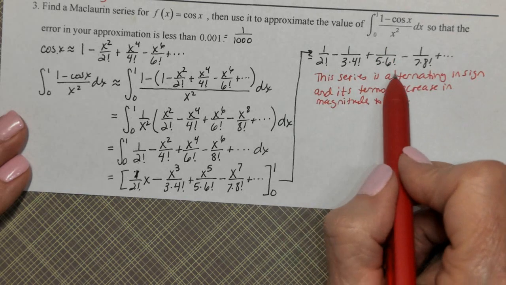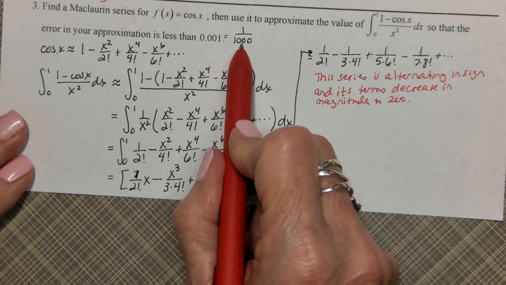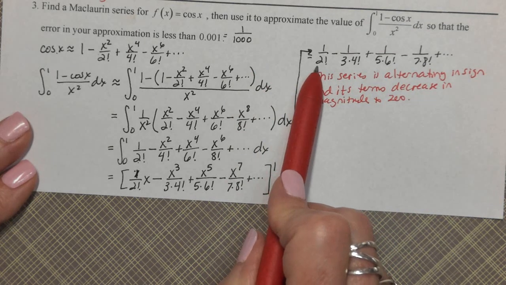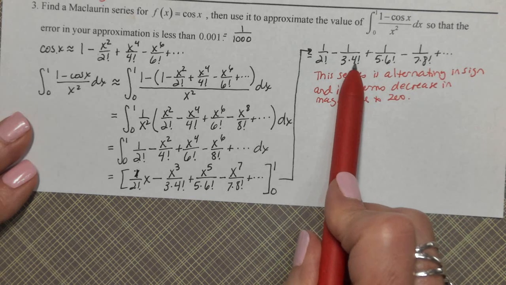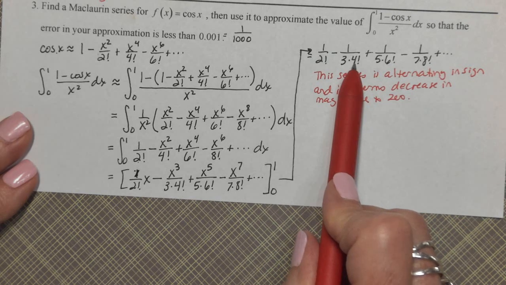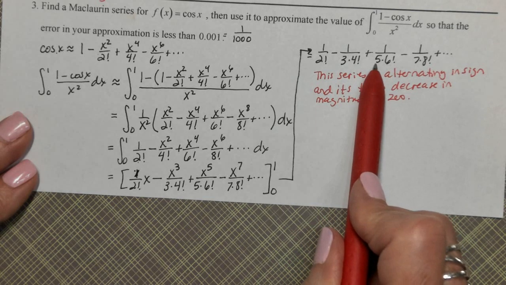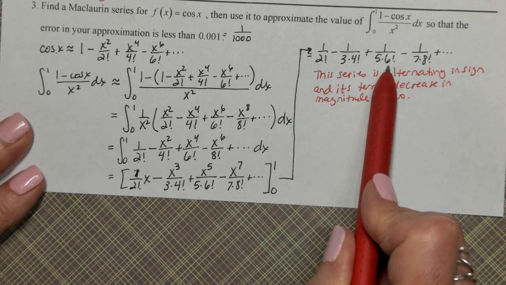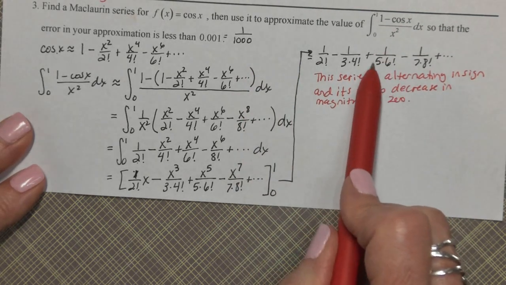So which of these terms is less than 1 over 1,000? Well, the first term is not less than 1 over 1,000 because the first term is a half. The second term, 3 times 24. Well, 3 times 24 is not 1,000, so not that one. The third term is 5 times 720, and 5 times 720 is indeed bigger than 1,000. So this is our error term.